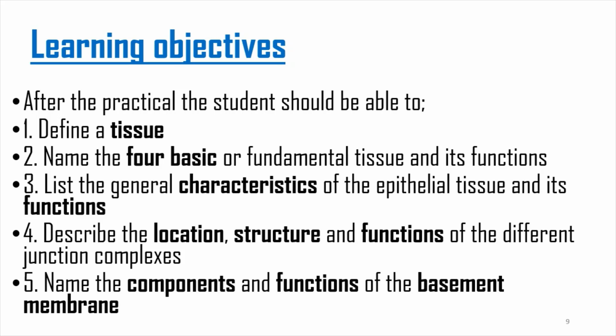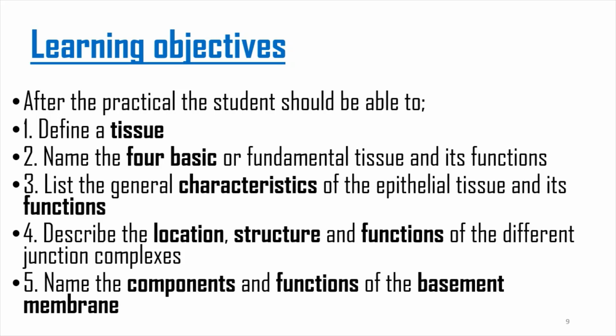The learning objectives for this lab are that after this presentation, you are supposed to, number one, define what a tissue is. Name the 4 basic or fundamental tissues and their functions. List the general characteristics of the epithelial tissue and its functions. Describe the location, the structure, and the functions of the different junction complexes.